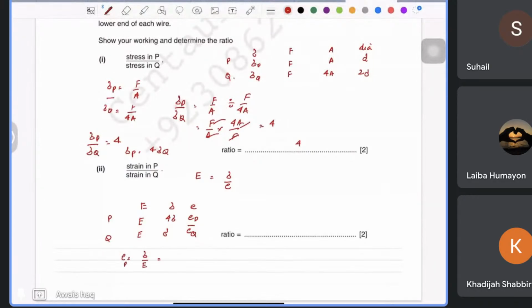So in P, the stress was 4 stress, Young's modulus was E. In Q, we got stress over E. So it's simple. So now again, we want strain in P over strain in Q, which will be equal to 4 stress over E divided by stress over E, and obviously that would be 4 times as well. That's fine, right? Is it clear? Any questions now?